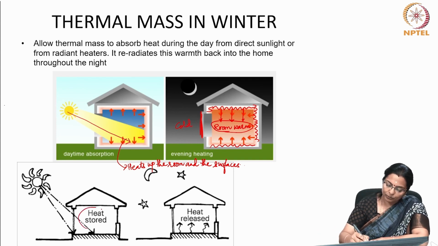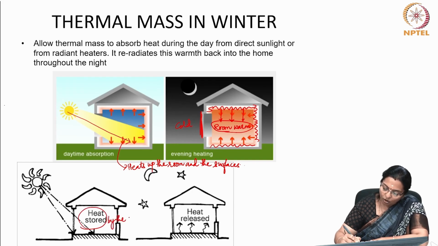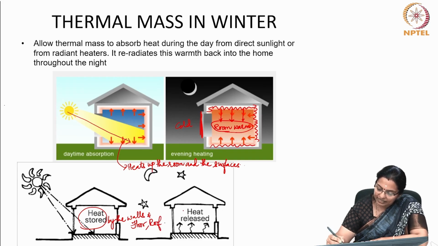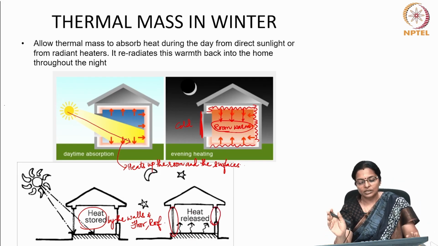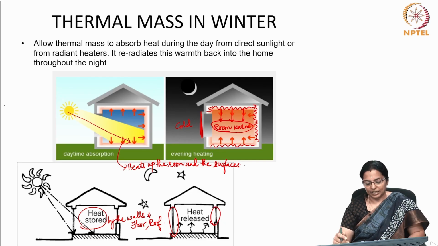So, this heat which is stored by the envelope, which is basically walls and floor, to some extent roof also, is again released provided you close the window. All the openings should be closed so that you trap the heat.